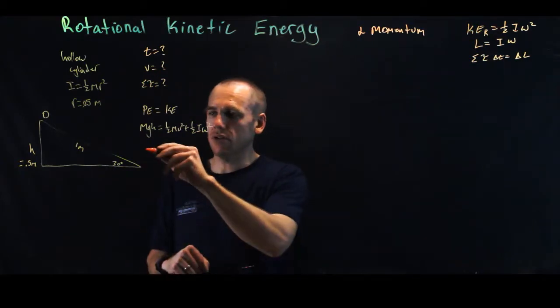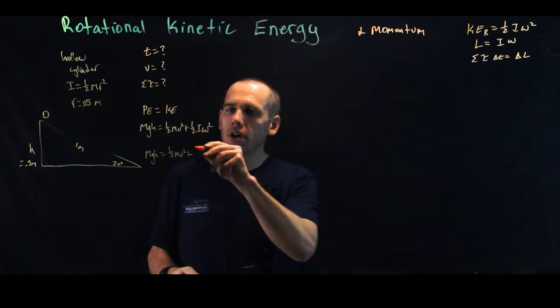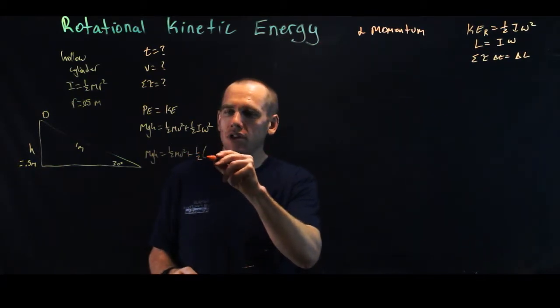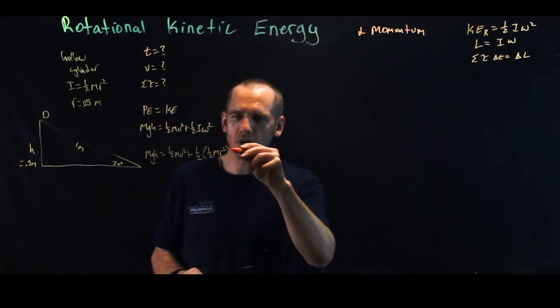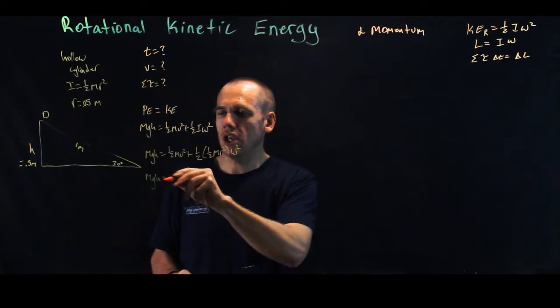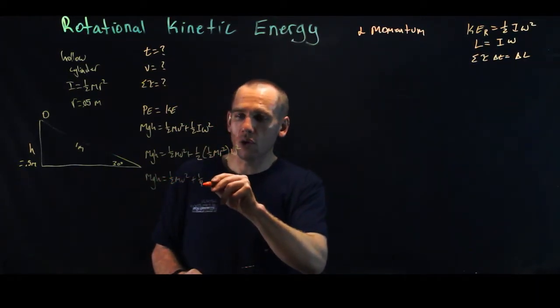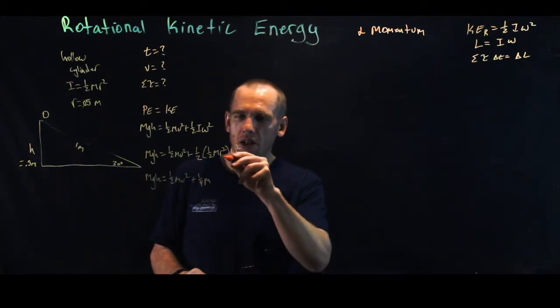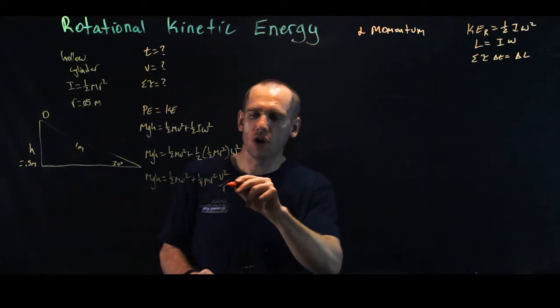Okay, so we've got mgh equals 1/2 mv squared plus 1/2 I omega squared. We're going to make our substitutions. So mgh equals 1/2 mv squared plus 1/2 I, which is 1/2 mr squared, times omega squared. And then we make our substitution for omega. So mgh equals 1/2 mv squared plus half of half is a quarter, m, and r squared times, and instead of omega, we're going to use v squared over r squared.